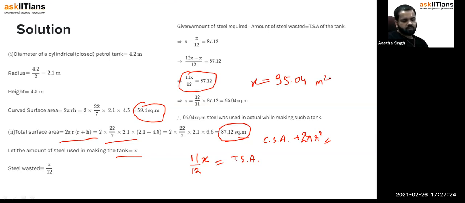Just look at the solution, guys. Just go through the solution like what we have done. And then the point is clear to you.